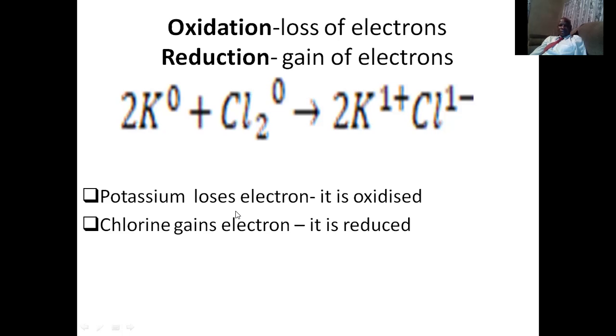So in terms of electrons, when a substance loses electrons, we say that substance has undergone oxidation reaction. While if a substance, in our case here chlorine, gains an electron for it to be stable, we say that it has undergone a reduction reaction.